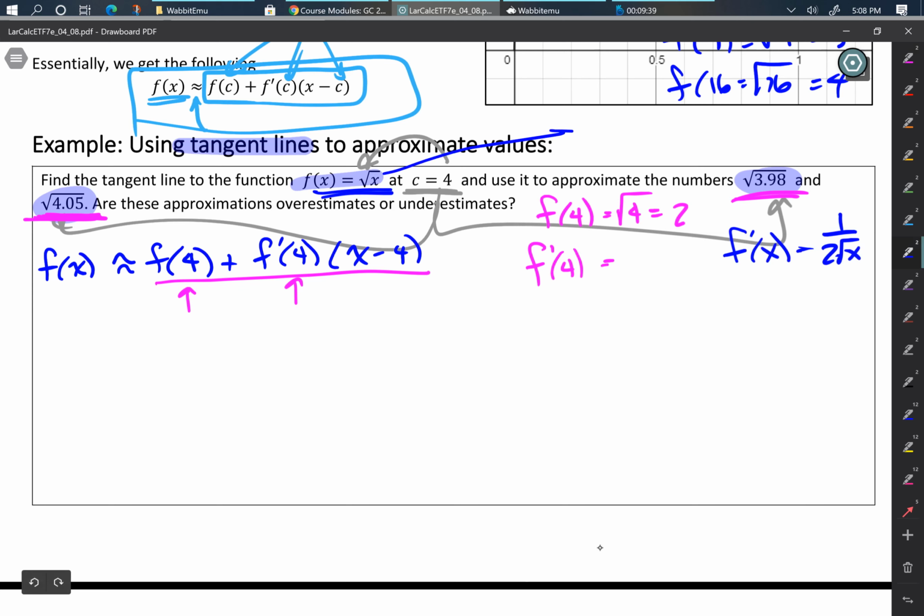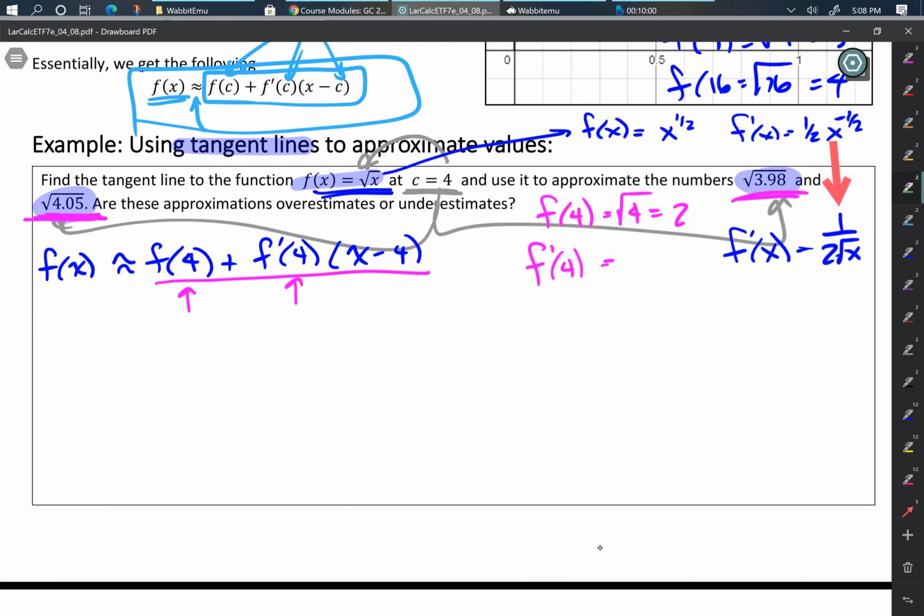Hopefully, you're there too. But in case you need to see the steps, rewrite with a fractional exponent. Take the derivative. Negative exponent means it goes in the denominator. And so we get that. So then what's f prime of 4?